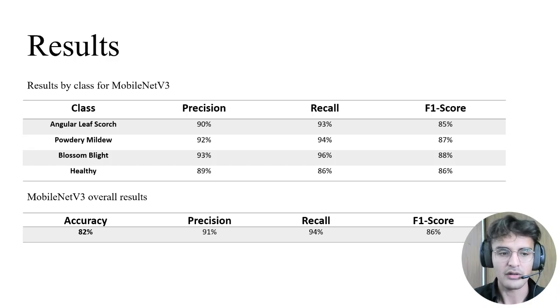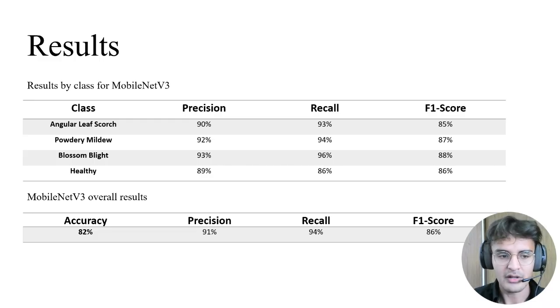For angular leaf scorch, the precision was 90%, the recall 93%, and the F1 score 85%. For powdery mildew, the precision was 92%, the recall was 94%, and the F1 score was 87%. For blossom blight, the precision was 93%, the recall 96%, and the F1 score was 88%.